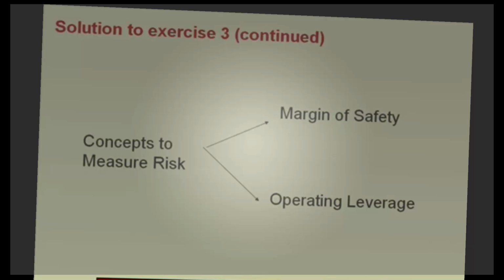The other is operating leverage. They're both used, but to be honest, operating leverage is used more often than margin of safety. But if you read the Wall Street Journal or Business Week, you'll see these concepts, margin of safety and operating leverage, talked about.